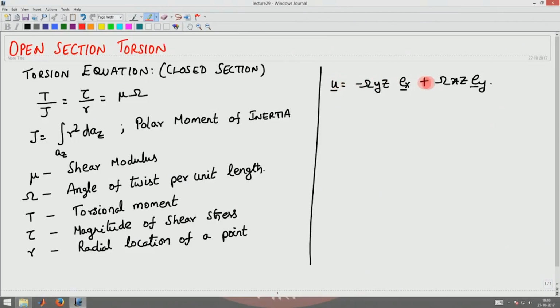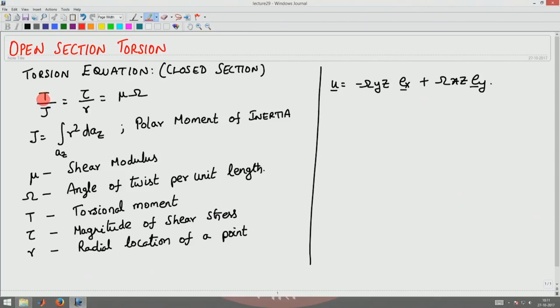Then we derived the torsion equation, which was T by J, where T is the twisting moment or torsional moment and J is the polar moment of inertia, equal to shear stress by the radial location of the point, equal to shear modulus times angle of twist per unit length. This is called the torsion equation, and we saw how we got it in the last class.